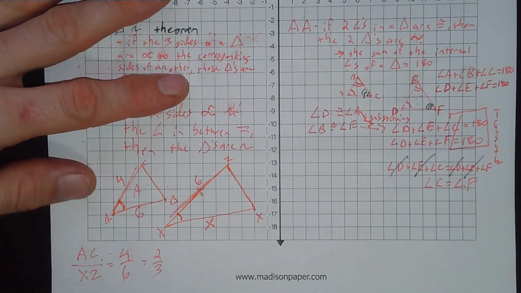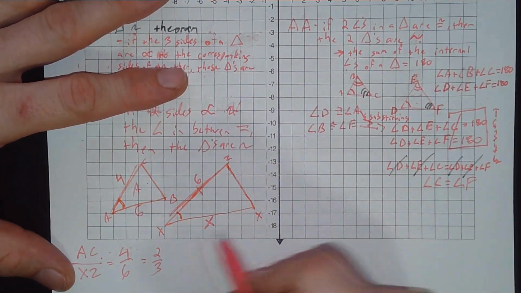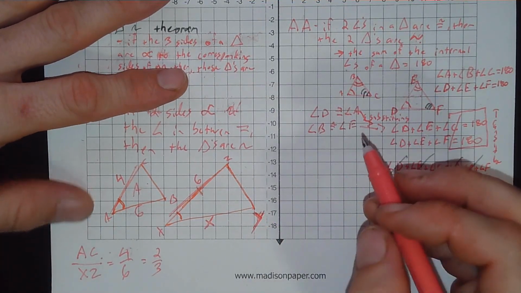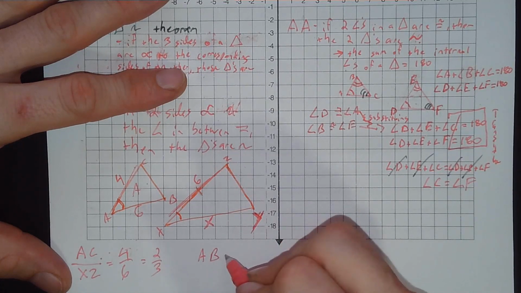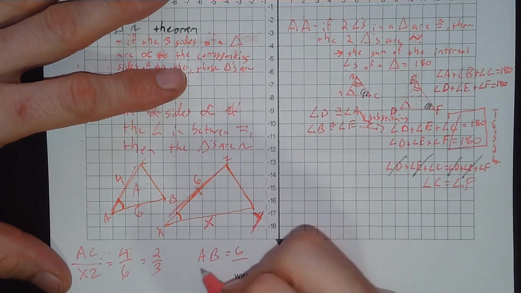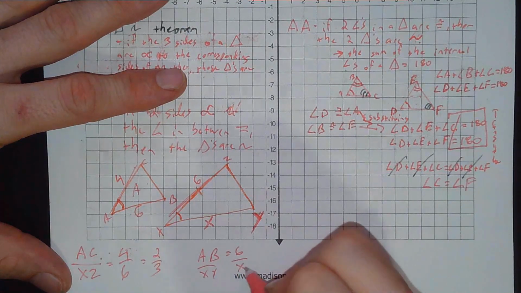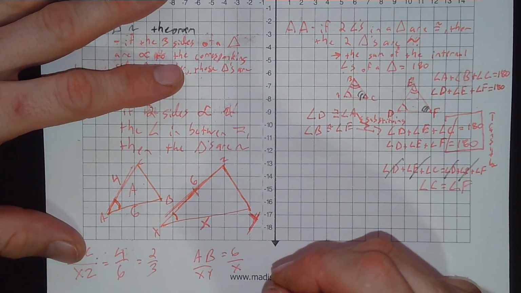All right, so if this is 2/3, what would X to Y need to be? So A to B equals 6. So we need to cross multiply to figure out what X needs to be.